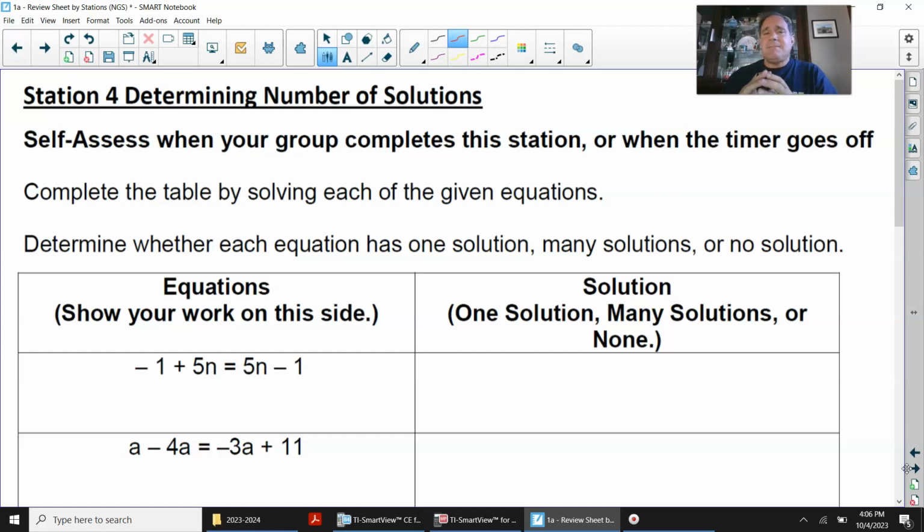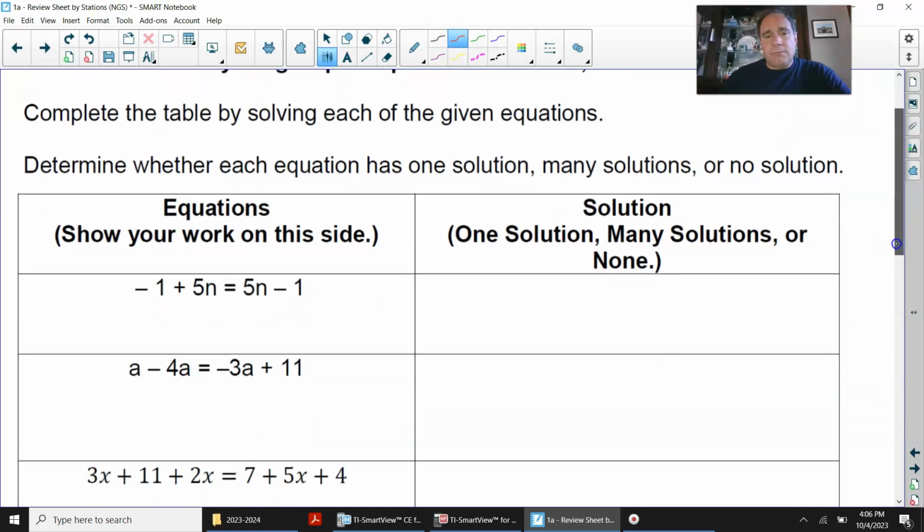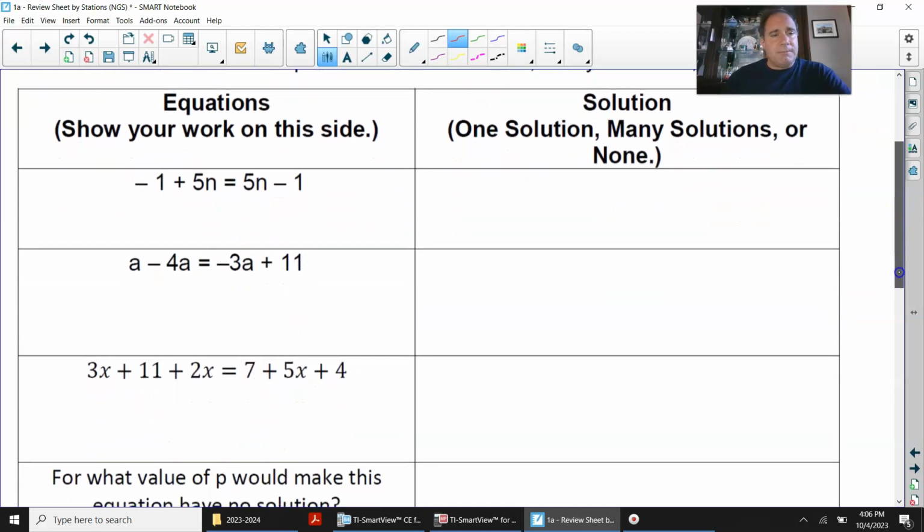When you have the same expression on both sides, the same x's, the same constants, the same everything on both sides, that means it's infinitely many. And when you have the x's different or just one x, that means there's one solution. All right, so let's get started and we'll go through and work these out.